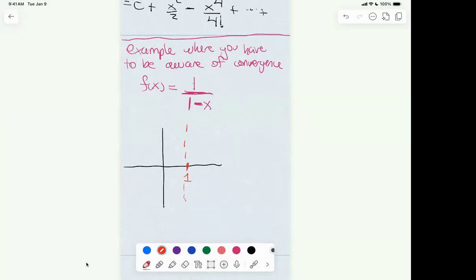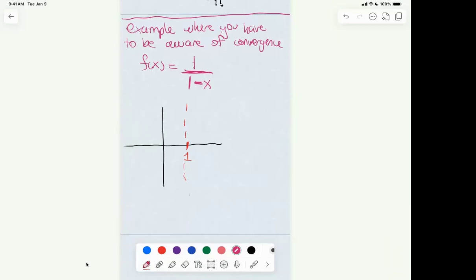If you have numbers slightly bigger than 1, then the denominator is negative, so it goes to negative infinity from the right. If you use numbers slightly less than 1, it is still positive, but getting bigger and bigger. That is roughly the graph of that function.